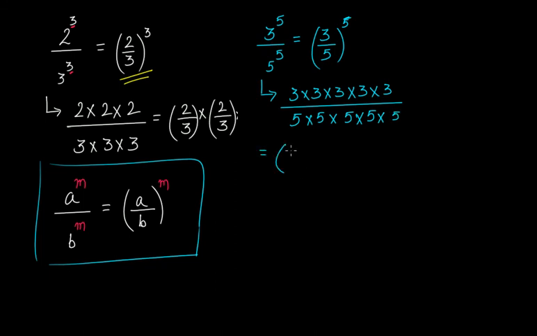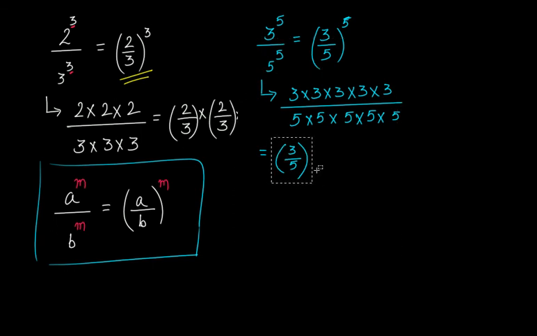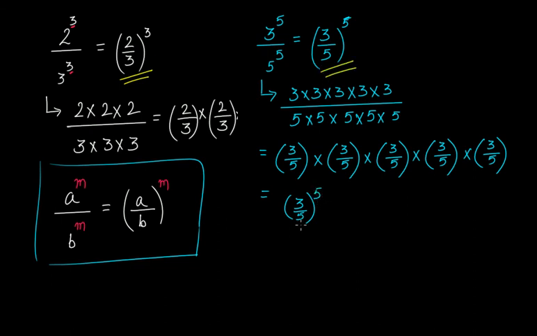This gives you 3 over 5, and you have to multiply it 5 times. So you get 3 divided by 5 to the fifth power, exactly the same thing we have proved here.